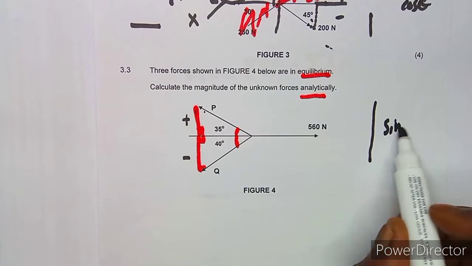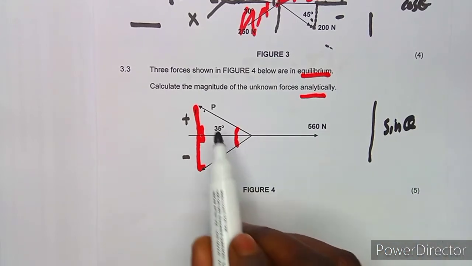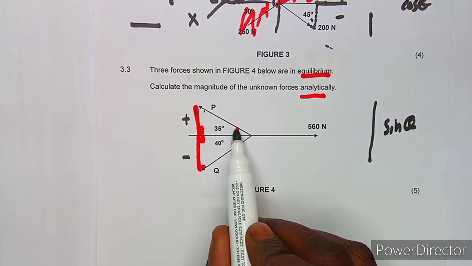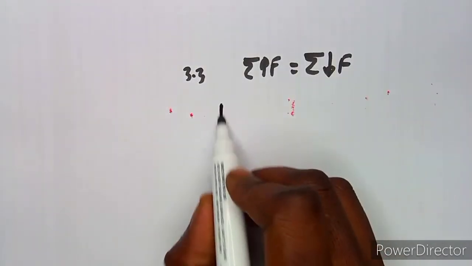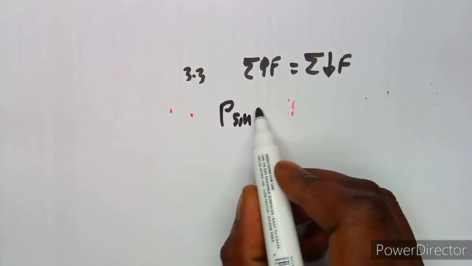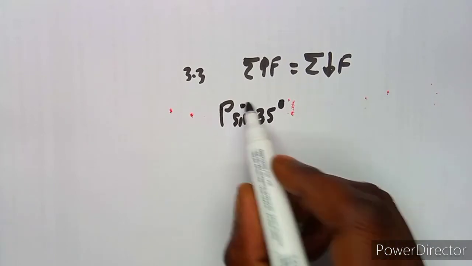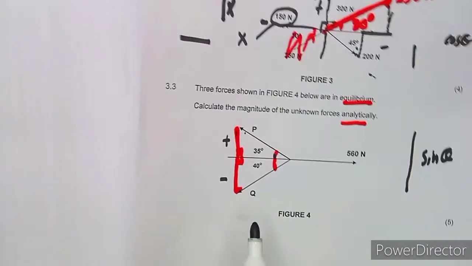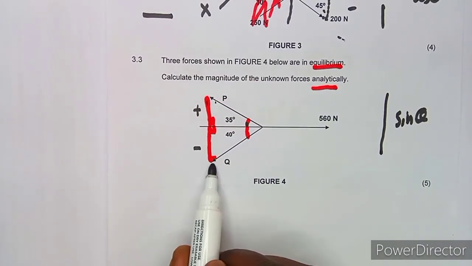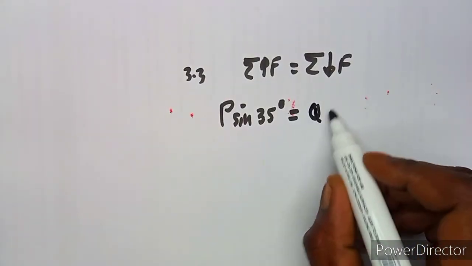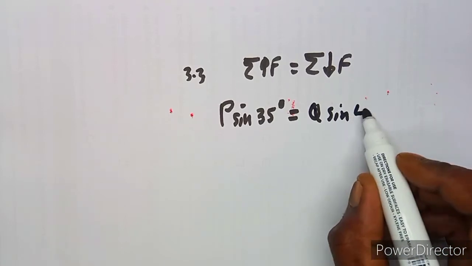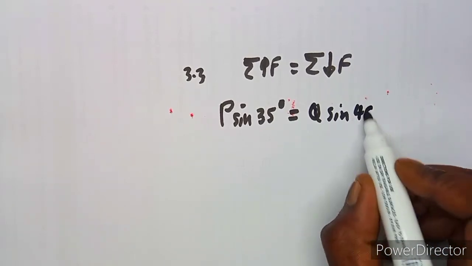So remember, vertical lines use sine theta, so which means P sine this angle of 35 degrees, P sine 35 degrees like this, should be equal to this one of Q, which is Q sine 40 degrees. So it's equal to Q sine 40 degrees like that.